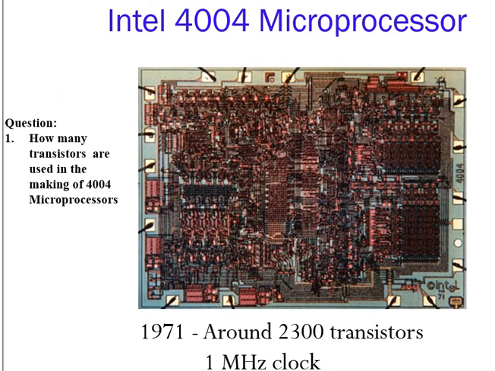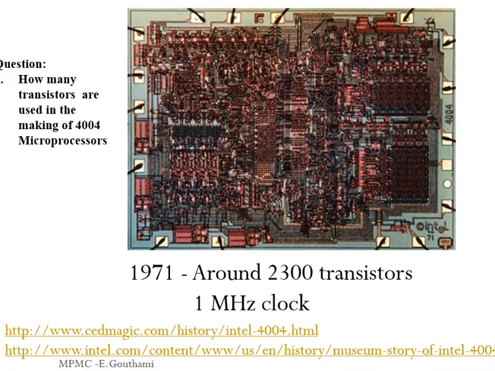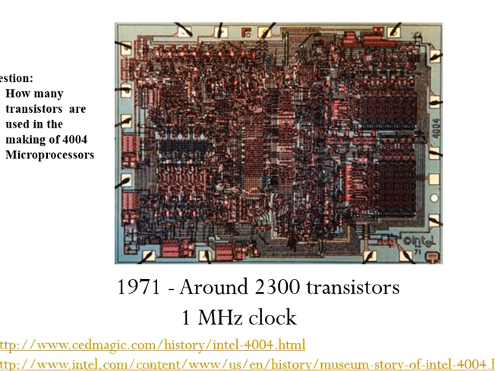Yes, there are around 2300 transistors used in this microprocessor, and this Intel microprocessor was generated in the year 1971. This data is collected from the Intel website.